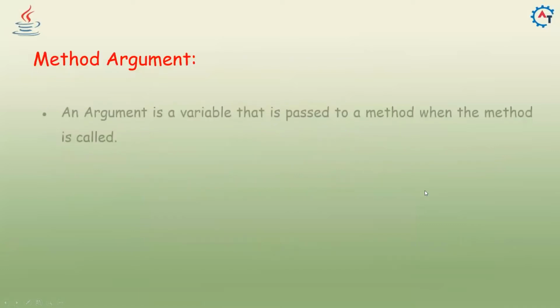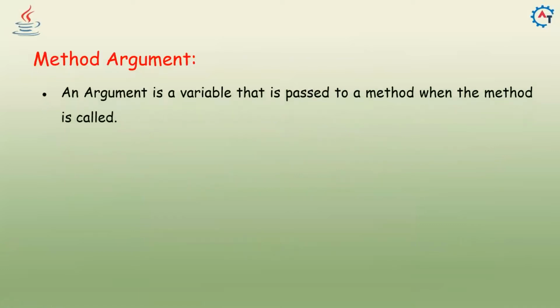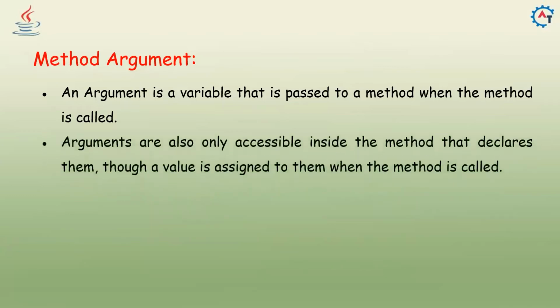Method argument. An argument is a variable that is passed to a method when the method is called. You can create a method by passing some variables; we will see that in another video about methods. Arguments are also only accessible inside the method that declares them, though a value is assigned to them when the method is called.